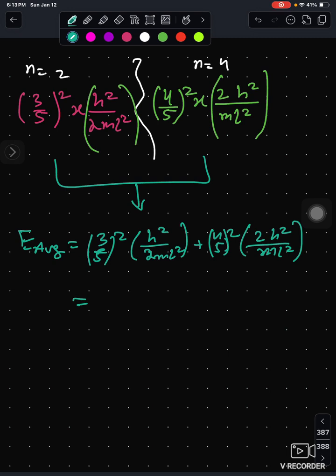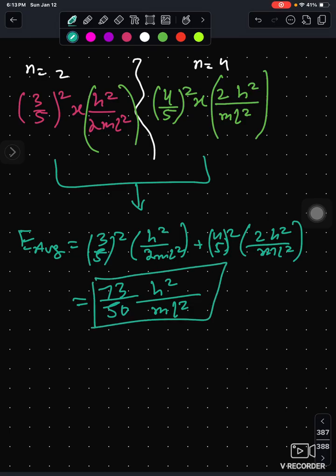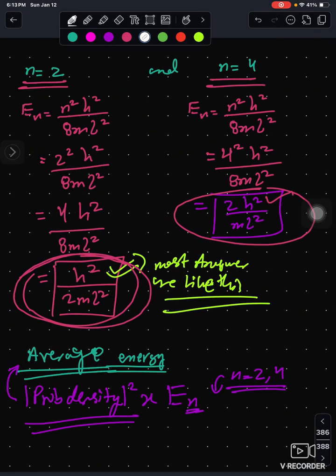And what you should get in the end is 73 by 50 h squared over ml squared. This is what you should get. Now we have found our expected value, plus the values of the two states and their average.